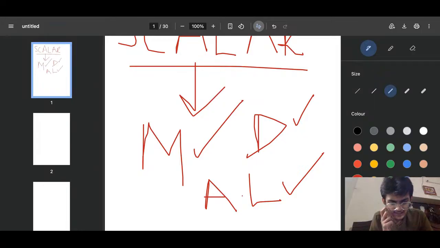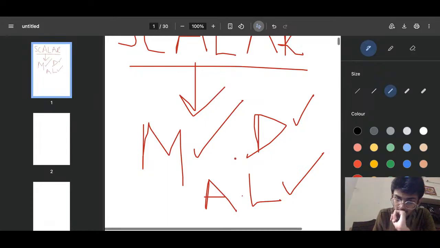Or take another quantity like speed, or distance. How can we forget distance? If you take 15 meter plus 30 meter, then it will be 45 meter. So it obeys the algebraic law.